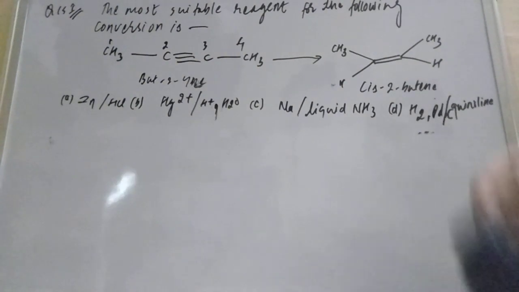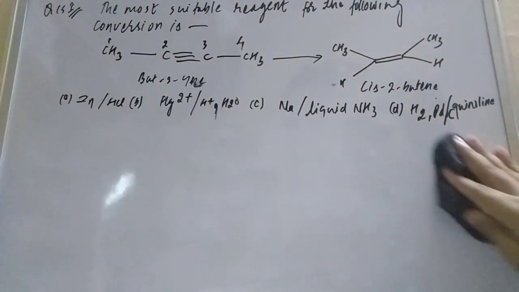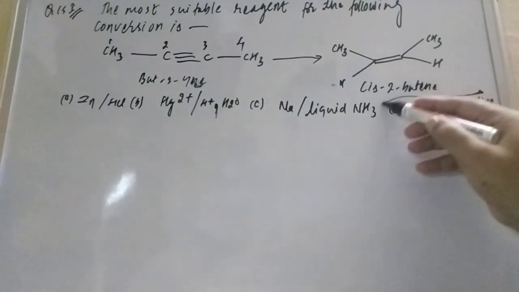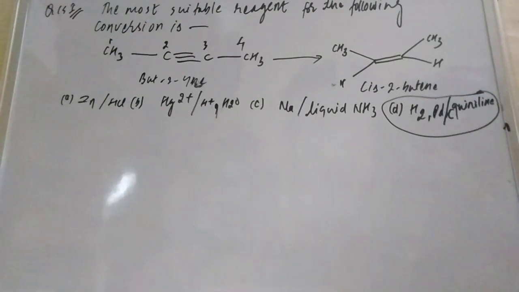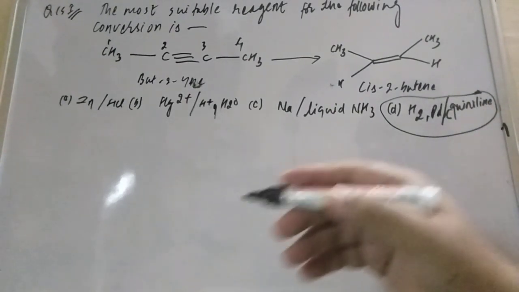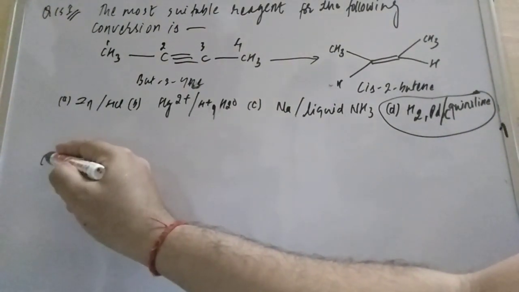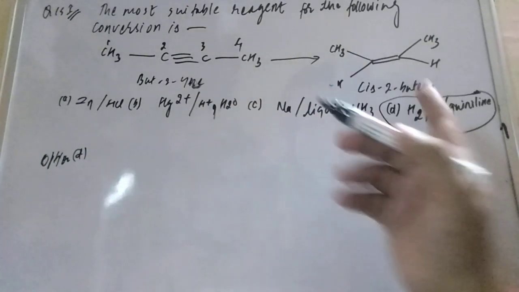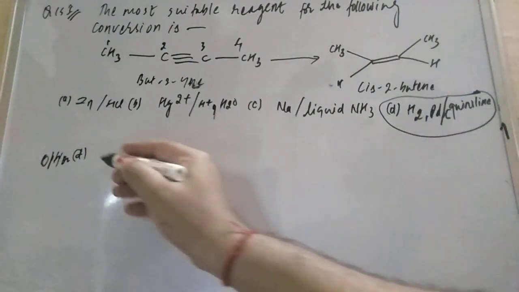But by the way, try to understand a little how option number D works. That is very interesting. When you are doing the reduction by hydrogenation with the help of palladized charcoal, here is option D. What is the reason for cis? Try to understand here.